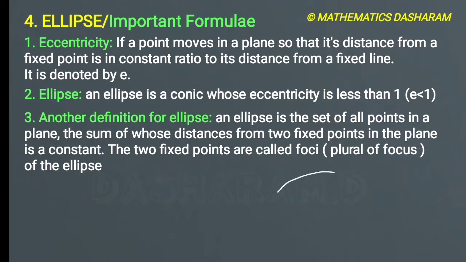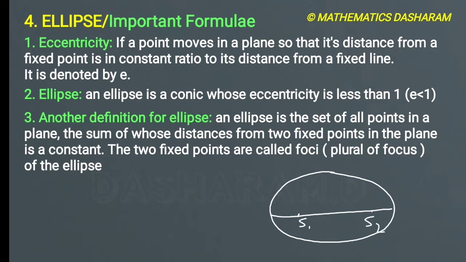So here is an ellipse diagram. Let's take the two fixed points, one is S1, another one is S2. On this ellipse I am selecting three moving points: P1, P2, and P3.